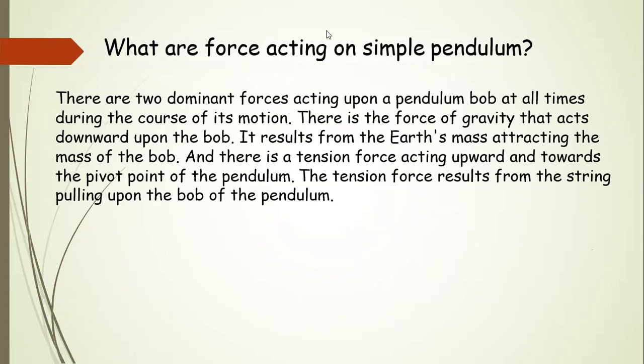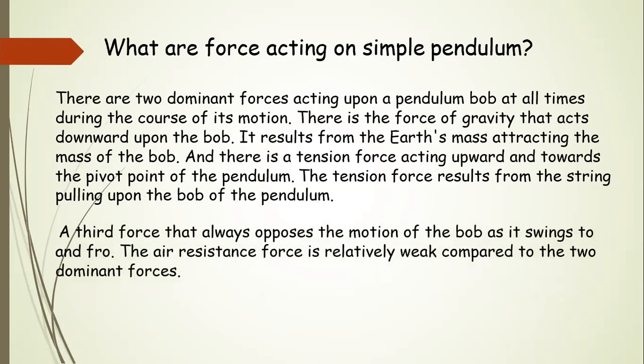The force of gravity acts downward upon the bob. It results from the Earth's mass attracting the mass of the bob, and there is a tension force acting upward and toward the pivot point of the pendulum. The tension force results from the string being pulled upon by the bob of the pendulum.